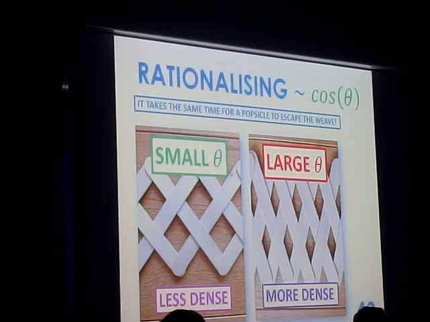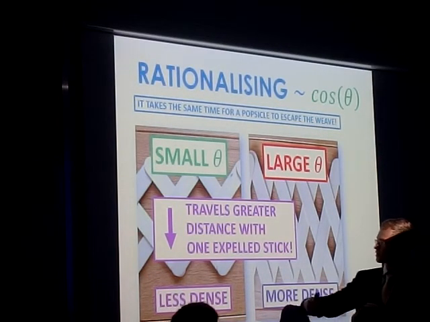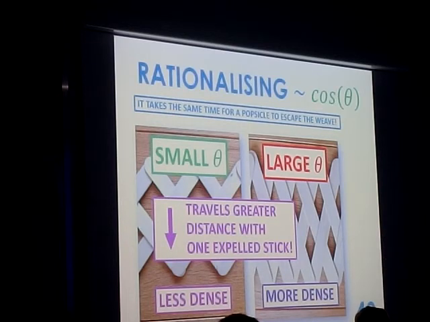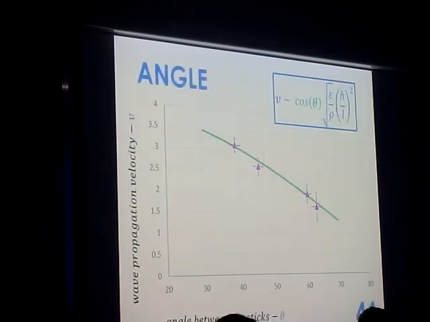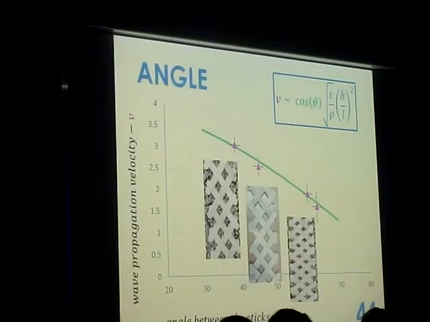So with one expelled stick, the travel distance is greater for this cobra and therefore the velocity should scale with cosine. Indeed, when we plug in cosine, we get such a trend here, correlating with what we thought.